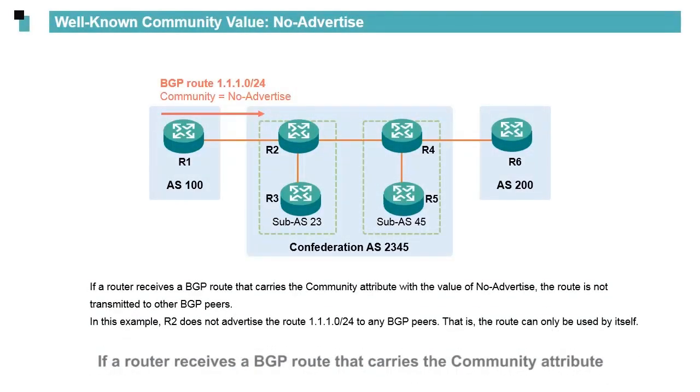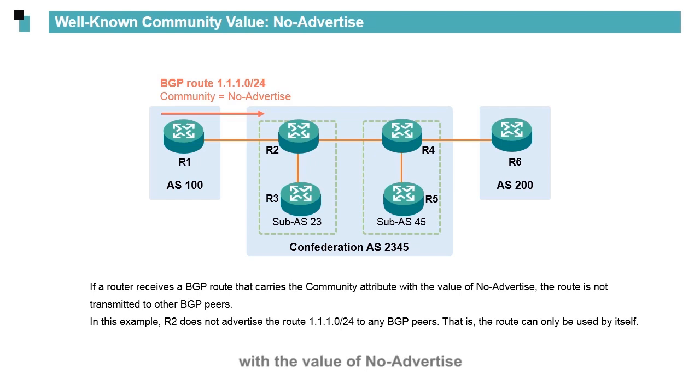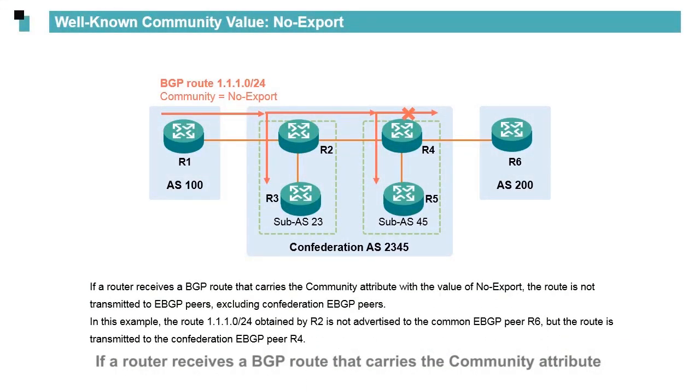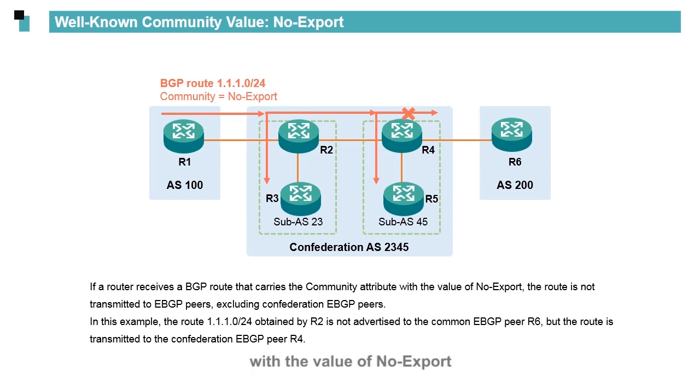If a router receives a BGP route that carries the community attribute with the value of no advertise, the route is not transmitted to other BGP peers. If a router receives a BGP route that carries the community attribute with the value of no export, the route is not transmitted to eBGP peers, excluding confederation eBGP peers.